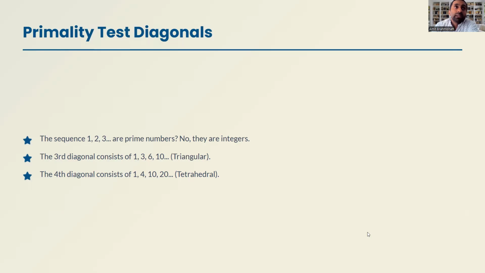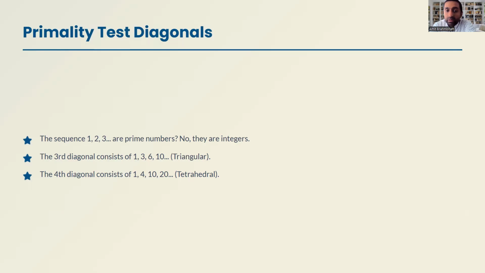Now, let's move on to the next slide, primality test diagonals. Let's clarify a common misconception about diagonals of Pascal's triangle. While the rows exhibit fascinating prime divisibility, the diagonals represent specific geometric sequences, not primes. The first diagonal is trivial, consisting entirely of ones.